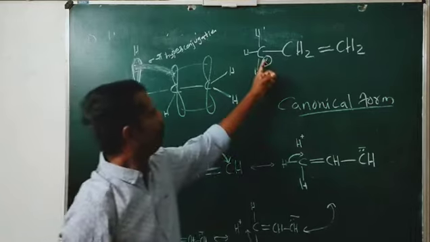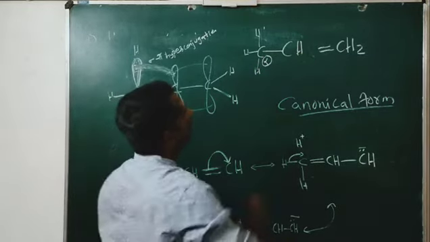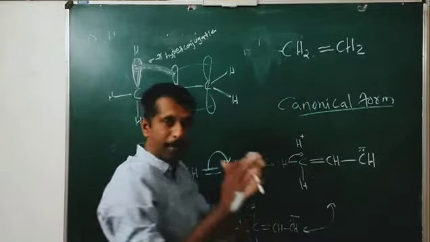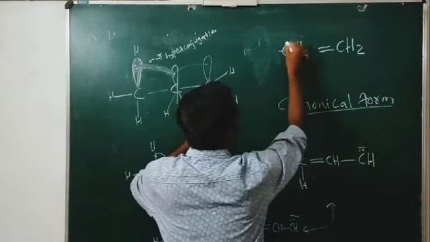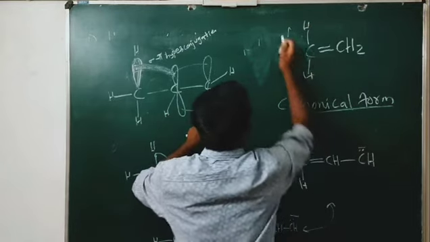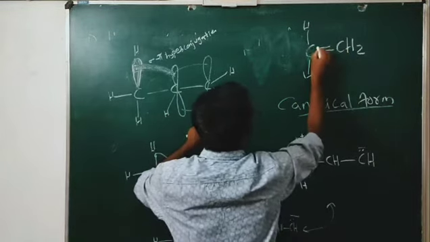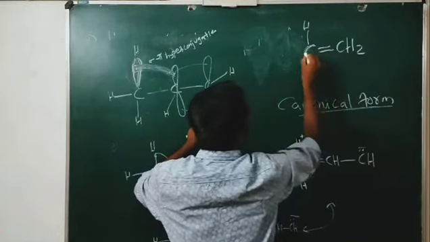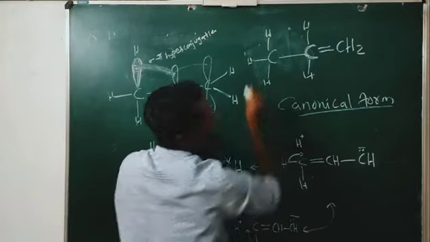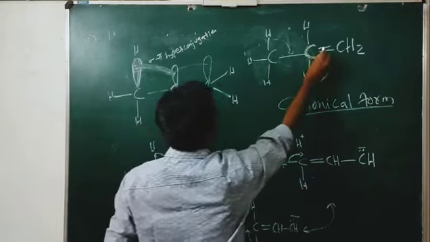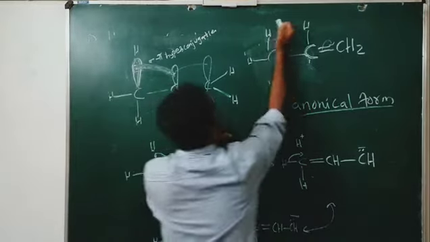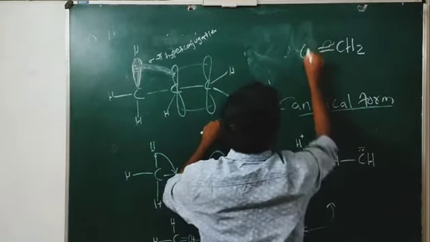If this condition is there, then only hyperconjugation is possible. In CH2=CH2, the double bond is between these two carbons, but this carbon or this carbon must be attached to another carbon, and that carbon must have hydrogen atoms. Then only hyperconjugation is possible. Otherwise hyperconjugation is not possible. So in ethene, that means CH2=CH2.